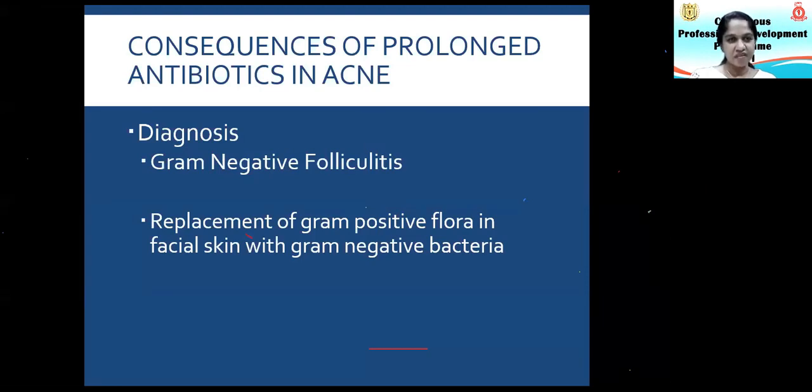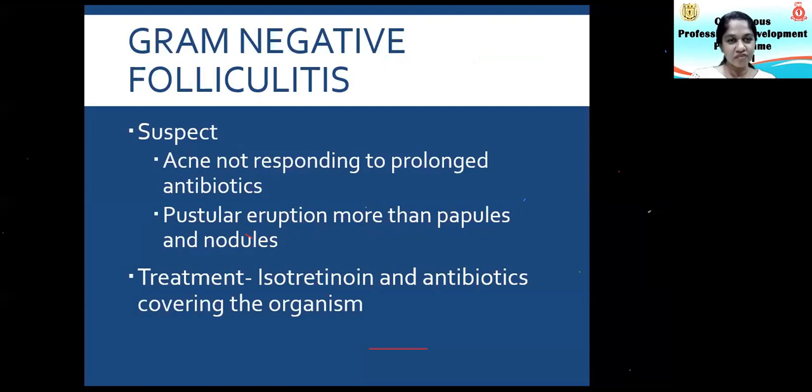This happens due to prolonged usage of antibiotics. The gram-positive flora in the skin can be replaced with gram-negative bacteria, and these patients will present with an acute onset florid pustular eruption. You have to suspect this if the acne is not responding to prolonged antibiotics, and if the pustular eruptions are more than papules and nodules.